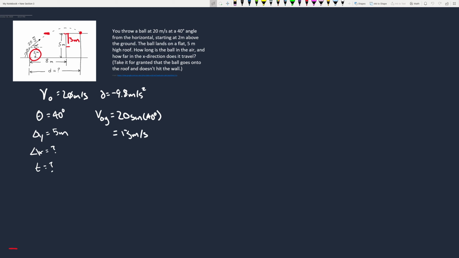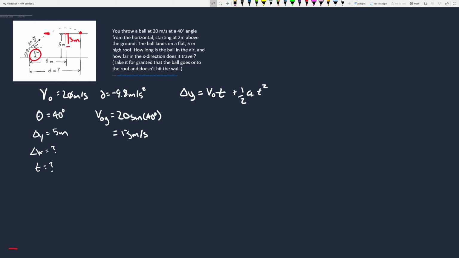And using this, we can actually find out time by taking a kinematic equation. We're going to be using delta y, displacement of y, equals the initial velocity, so it's going to be our y component, times time, plus 1/2 of our acceleration, times time squared.